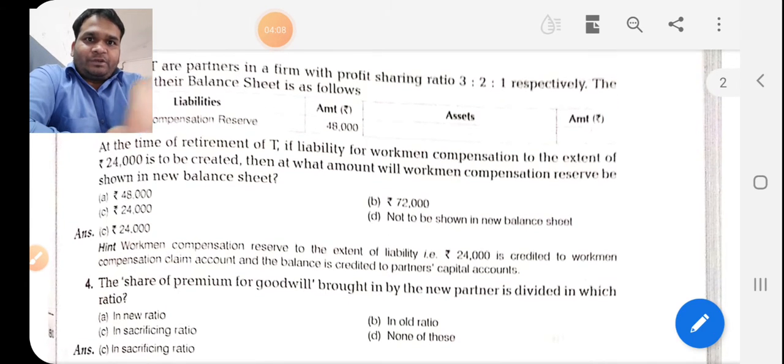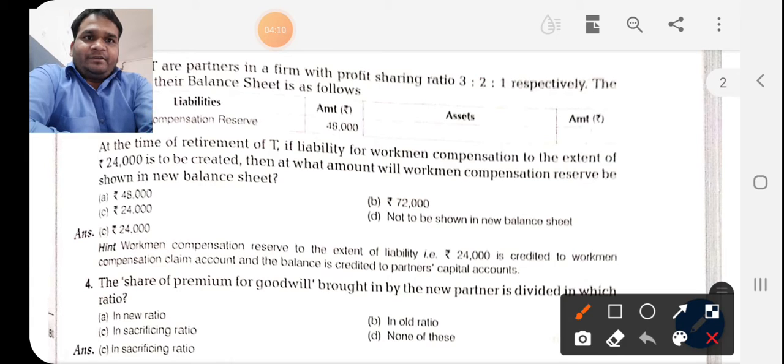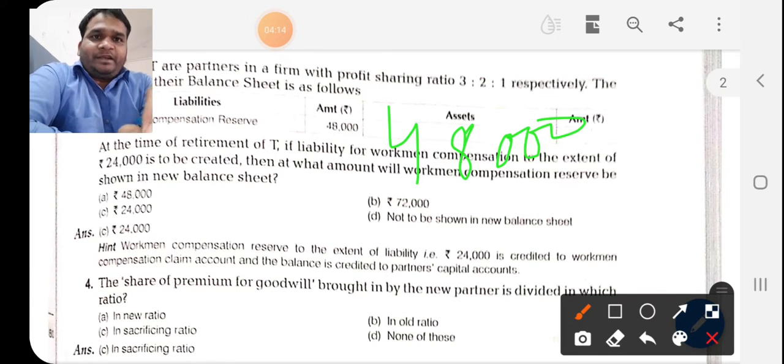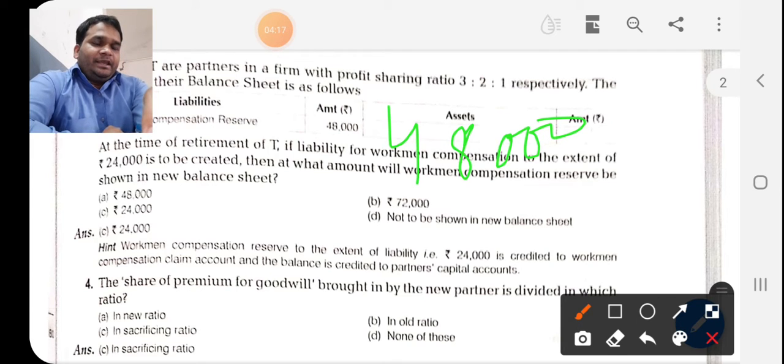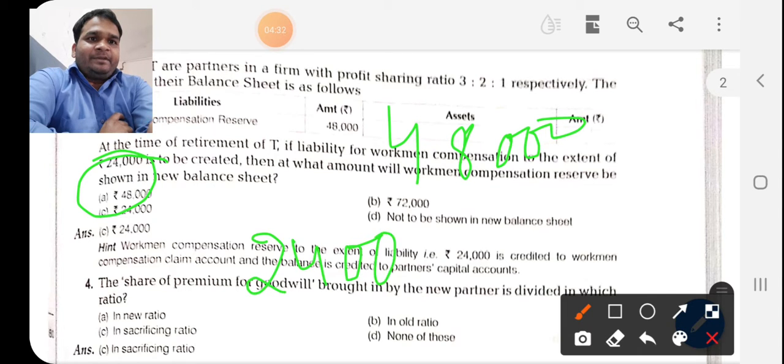Now see, we have 48,000 as a workman compensation reserve, and a liability has been created for workman compensation of rupees 24,000. So from the 48,000 you will subtract this 24,000. This liability will be subtracted, and the remaining balance of rupees 24,000 will be shown.